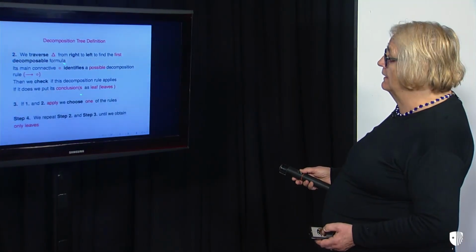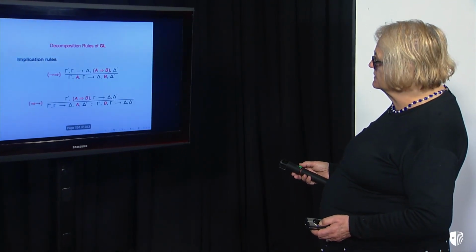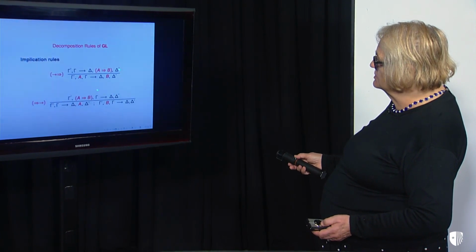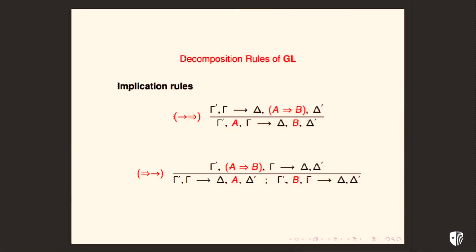Then in gamma, in delta, when you look at the trees, here you have gamma, and on this side you have prime here. So to find the rule on this side, you have to traverse from right to left to find the decomposition.